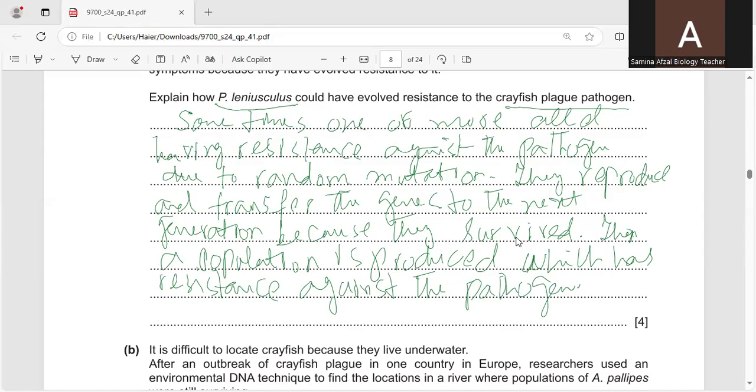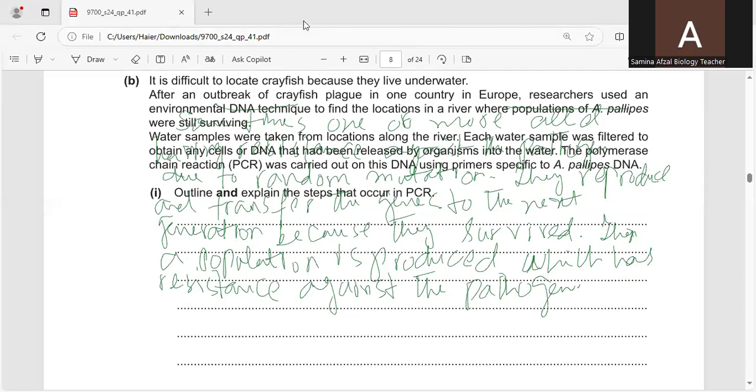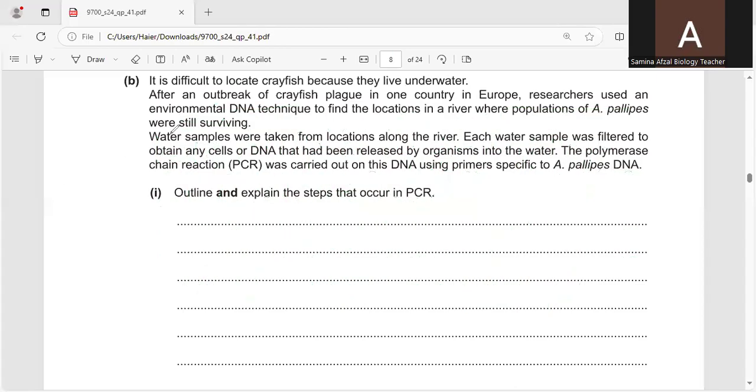So next question is, it is difficult to locate crayfish because they live underwater. After an outbreak of crayfish plague in one country in Europe, researchers used an environmental DNA technique to find the locations in a river where populations of A. pallipes were still surviving.